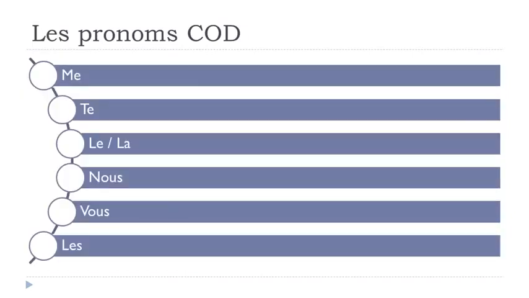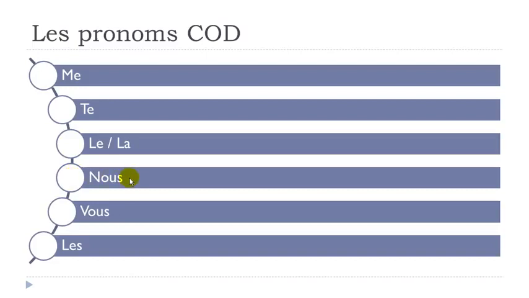We'll see that les pronoms complément d'objet direct can replace all the persons. For the first person it will be me, second person te, third person of the singular, the one we saw, le for the masculine and la for the feminine. First person of the plural, nous.